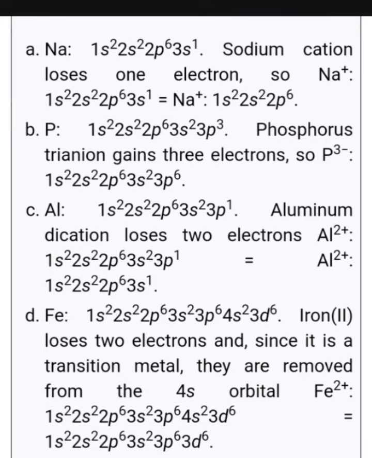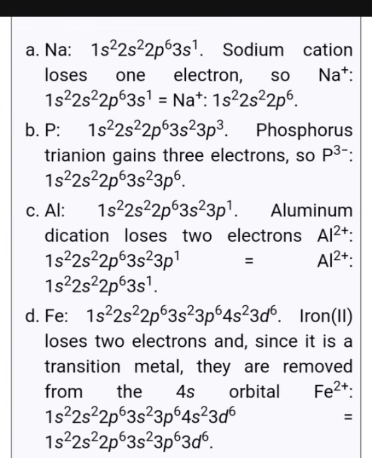If we want to remove electrons from iron, since it's a transition metal, remember it has the d orbital filled up, what we'll do is remove the electrons to form the ion from the 4s.